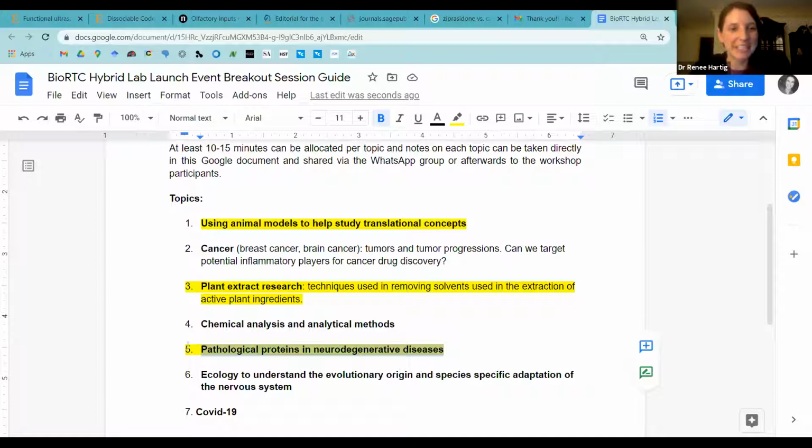So perhaps you want to write into the chat any particular thoughts, ideas, or questions you have. And I could just read them out and pose them to the group to start an interactive discussion with everybody.